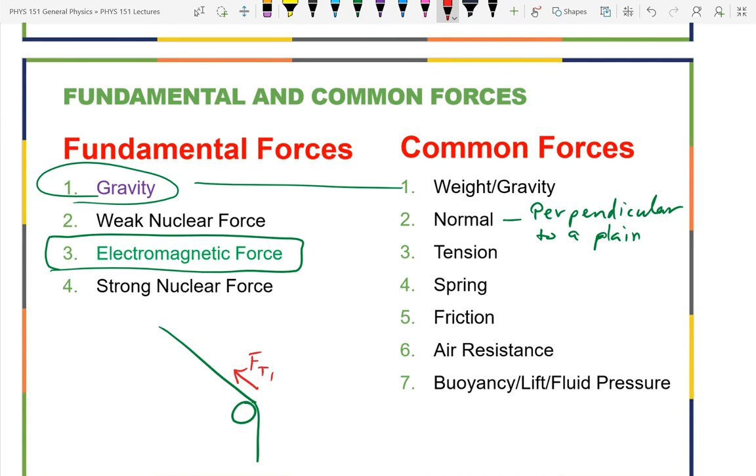So I'll call that force tension 1, and this force tension 2. Now the force of tension has a magnitude that's equal to the tension of the string. The tension is the amount of force that's being transmitted by the string. And so those are going to have the same force magnitude but different directions.